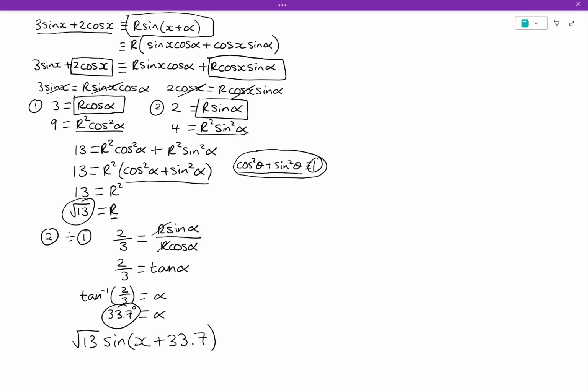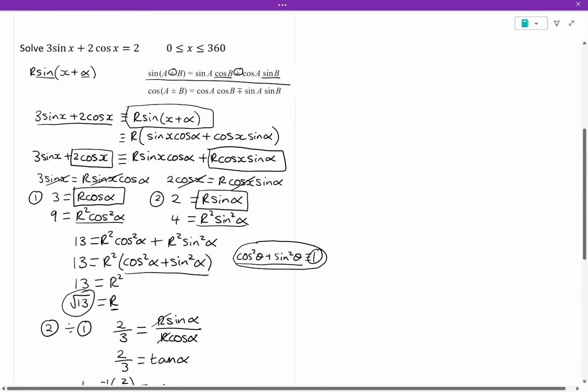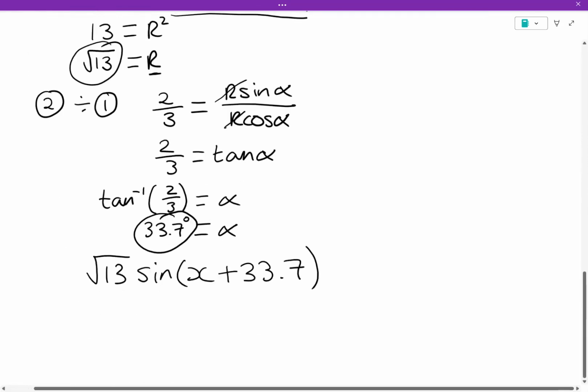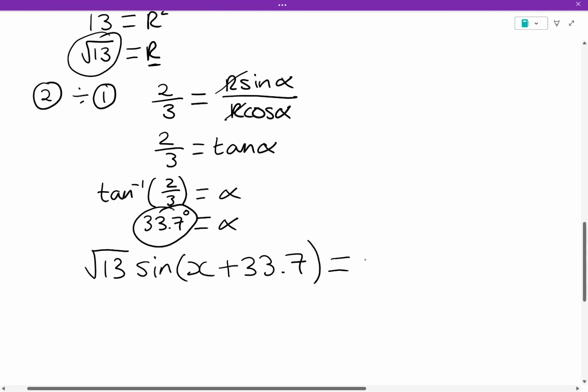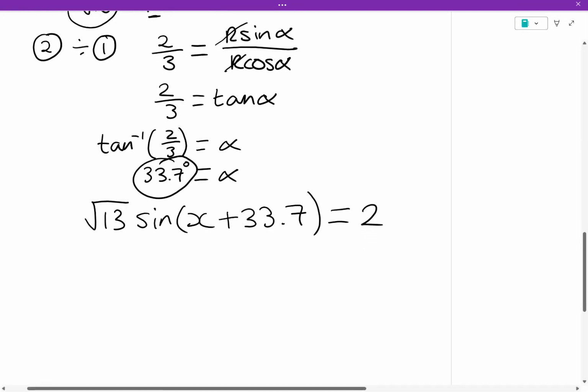And if we look back at the equation we are solving, this should be equal to 2. So I'm going to write the equal to in here. And then you can see I've ended up with an equation with just one trig function in it. So we now should be able to solve.